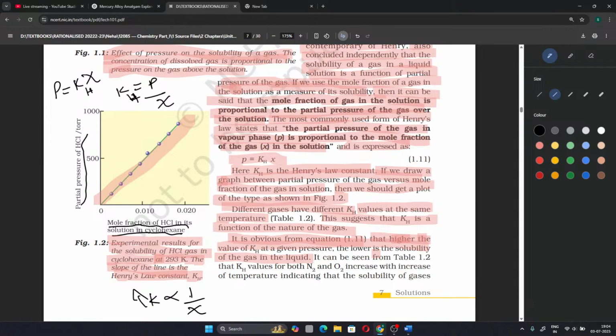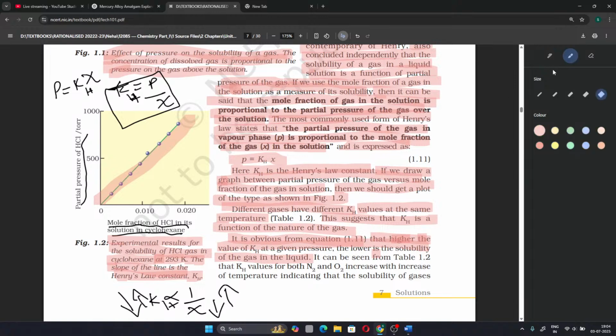As KH increases, mole fraction decreases, through this formula: KH equals P by chi. As mole fraction chi increases, Henry's constant is low for that gas.